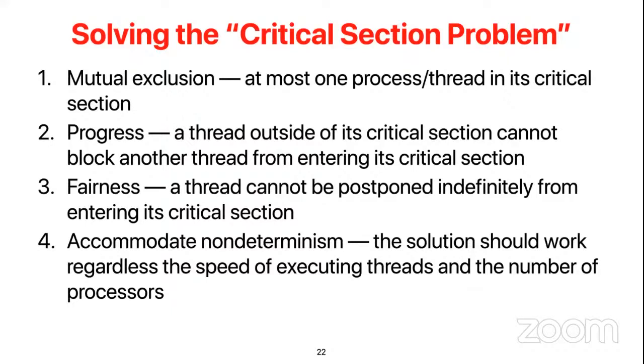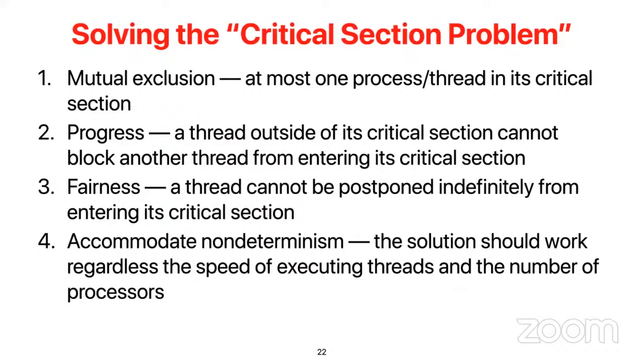Another thing is that you also want fairness. Like the producer and consumer, you want them to have fairly comparable speed, or fairly comparable chances to access the buffer. So you cannot have a thread that is postponed indefinitely from entering its critical section.